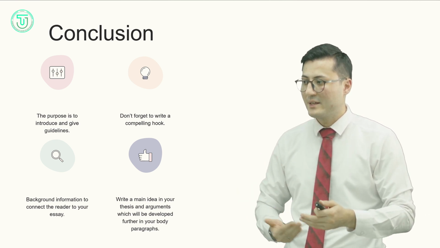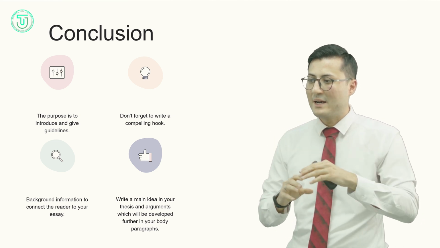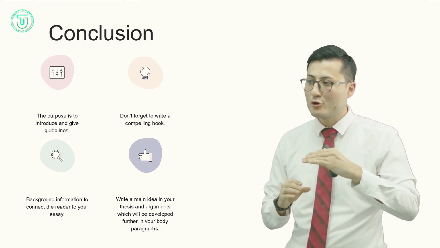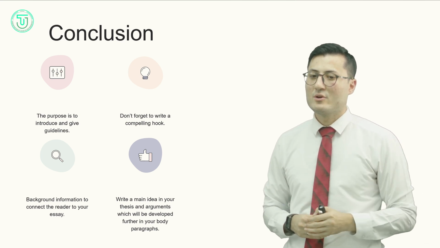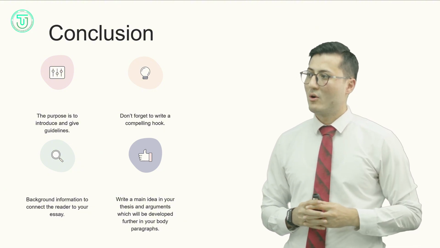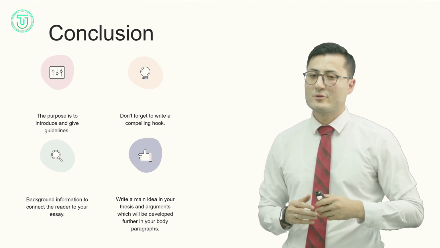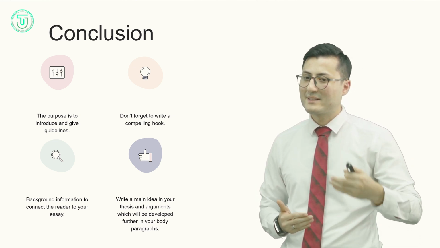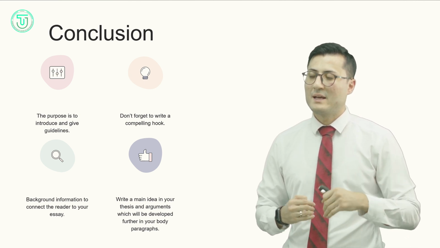Write the main idea in your thesis statement and back up your main idea with arguments. So you should consider developing these ideas in your body paragraphs. This was all I wanted to let you know about the introduction paragraph. In the next lessons, we will pay attention to the body paragraph and conclusion.